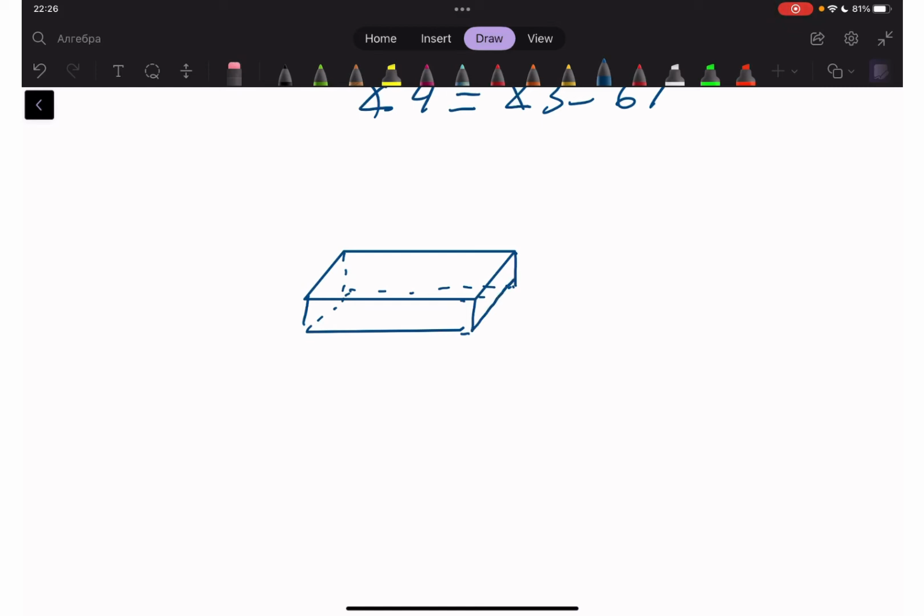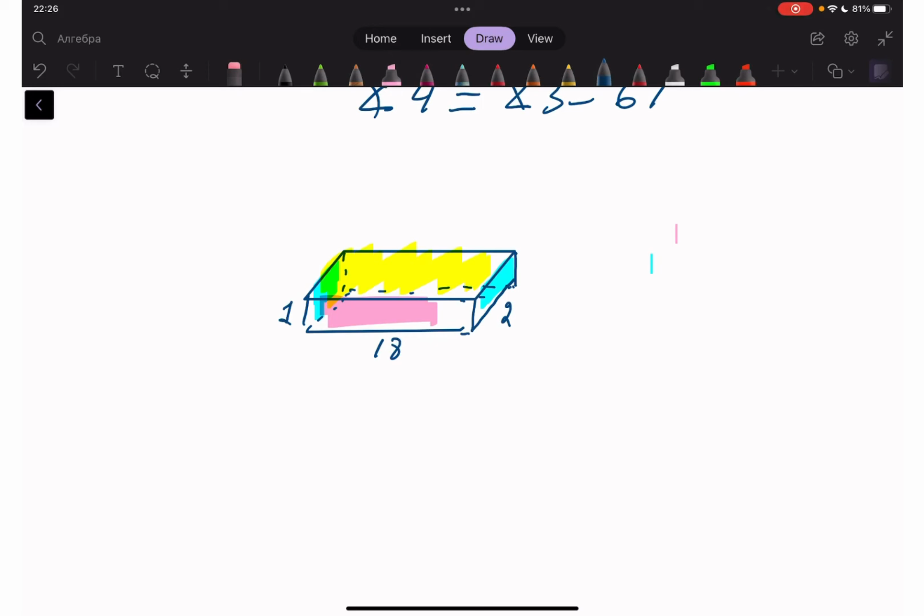Okay, so this is 1, this is 18, it's all centimeters, this is 2. Surface meaning we have to find the area for this piece, and one on the top, one at the bottom, right? And then we need to find the area of these two sides, here and here. And then the area of these two sides, here and in the back, right? And add them up. So let's do it.